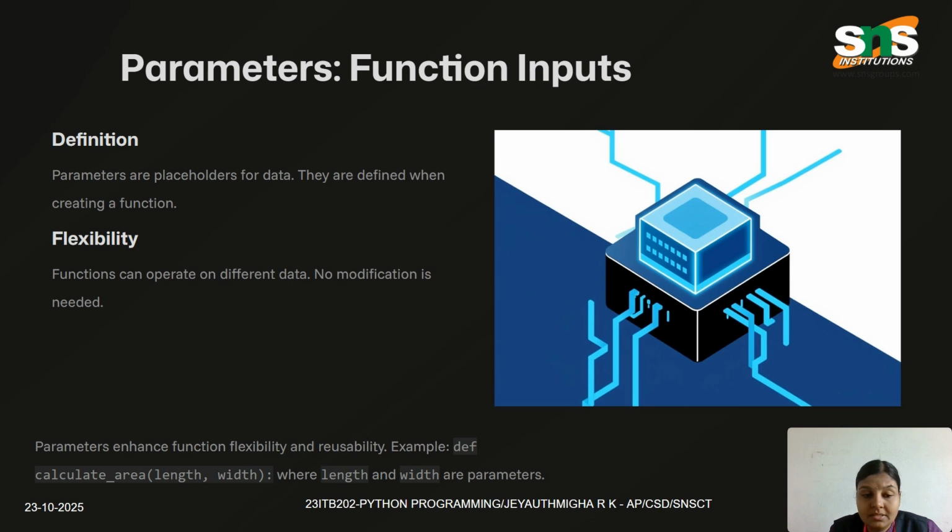No modification is needed. Parameters enhance function flexibility and reusability. Example: def calculate_area(length, width), where length and width are parameters. So parameters are the function inputs. We can say they are the placeholders for data.